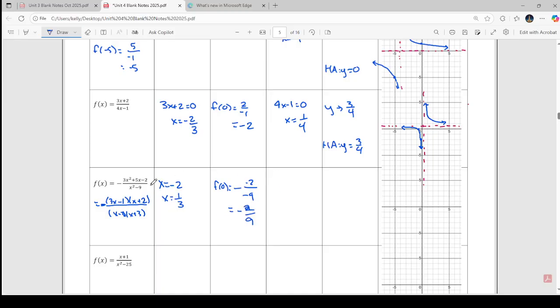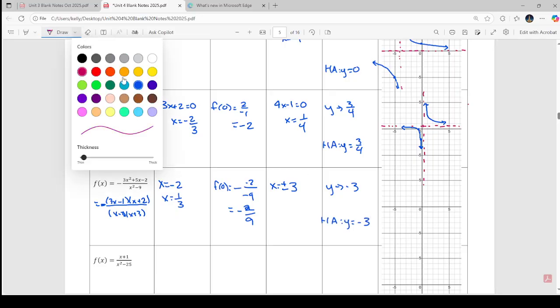The VAs come from when your denominator is 0, so at plus and minus 3. And the HA comes when we divide a negative 3x squared by an x squared, we will get negative 3. So our ends are approaching negative 3, or we have a HA at y equals negative 3.